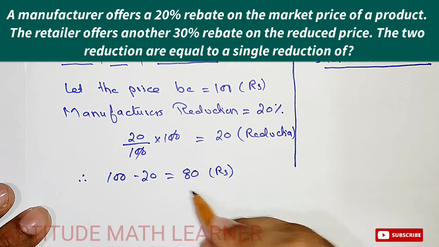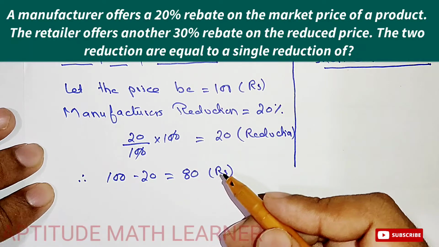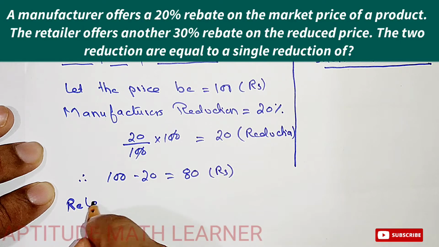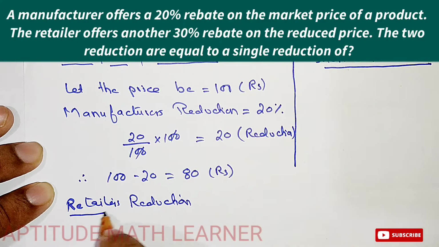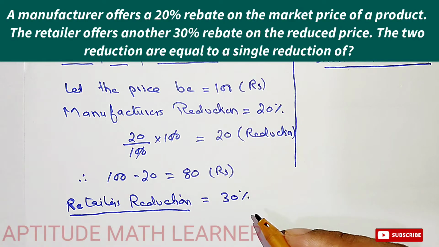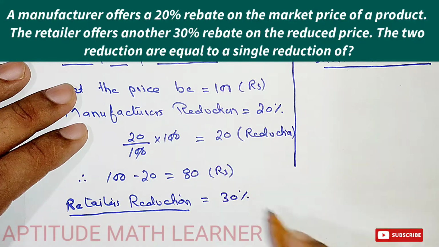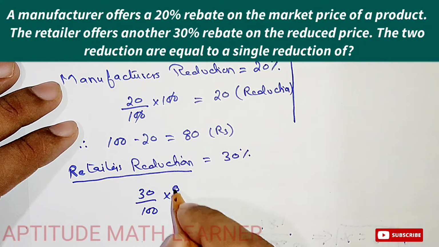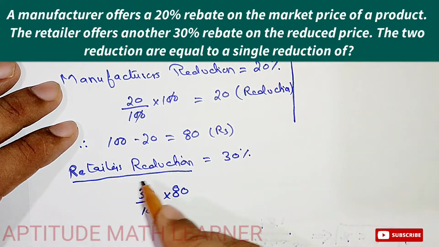It means another 30% reduction has been made by the retailer. So what will be 30% of the reduced amount of the manufacturer? That is 30% of 80.